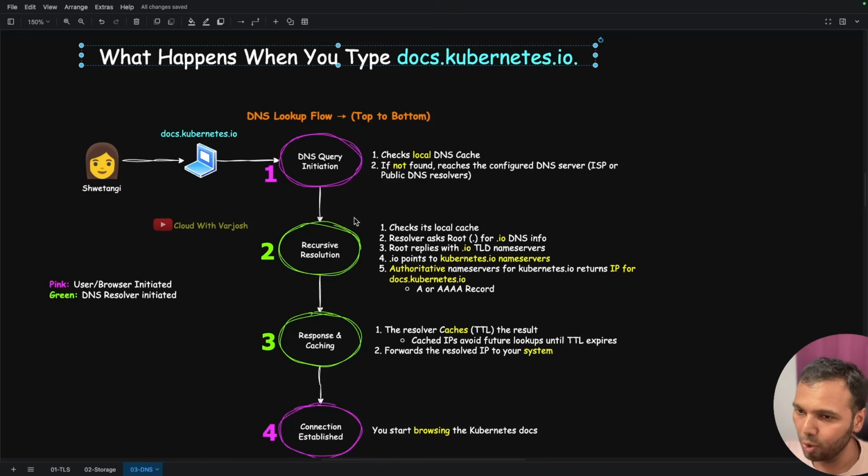What will the ISP do? The ISP will cache that information so that when another user requests that website, it can give it from its cache, and then it forwards the resolved IP to your system, that is Shwetangi's system. And finally, in step 4, a connection is established and Shwetangi starts browsing the Kubernetes documents.